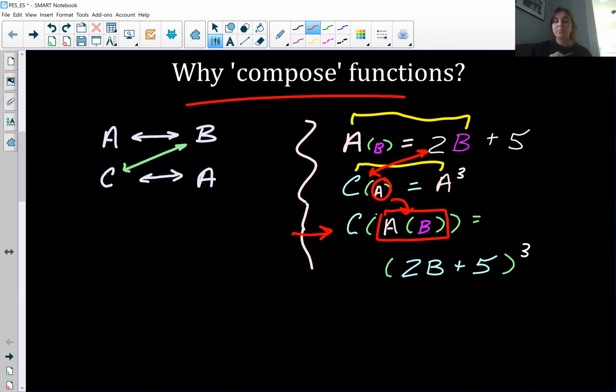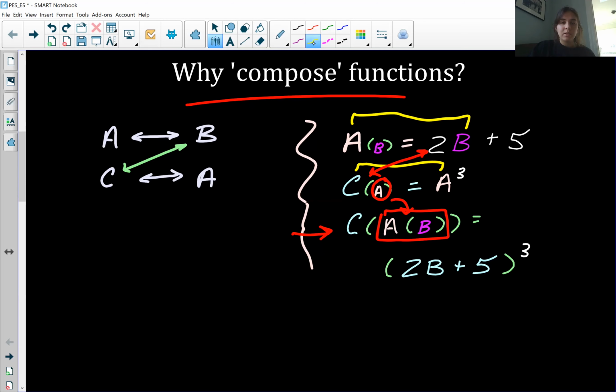And now we get to include B, which is what we want. So everywhere that we see A in the function for C, we're just going to plug in the equation for A. In this case, A only appears once, and the equation for A is 2B plus 5. So we're going to plug that in, and we're going to cube it. And that's what composition is all about.